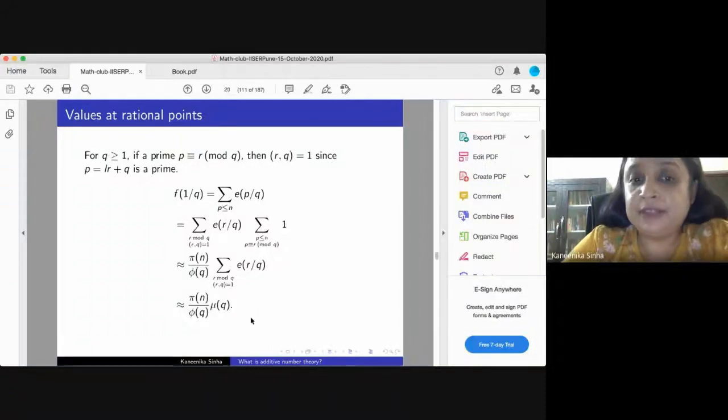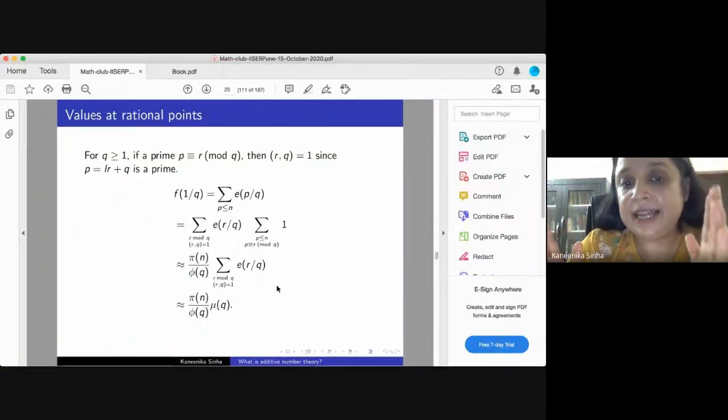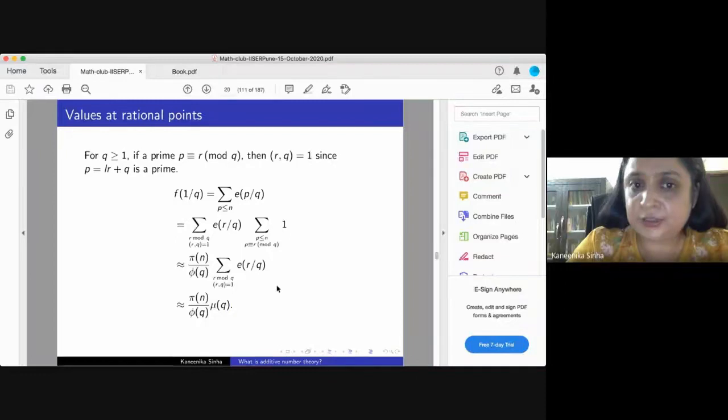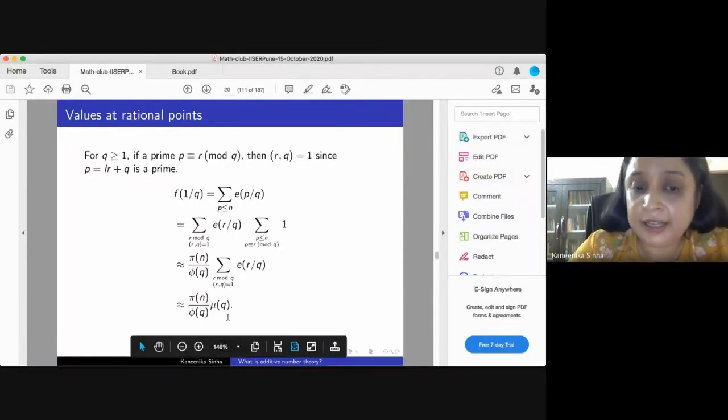That means for those numbers 1 by q with very high values of denominators, the function will take very, very tiny values. That is the reason why we are interested in those rational numbers where the denominators q are bounded enough, to take us to something reasonable.